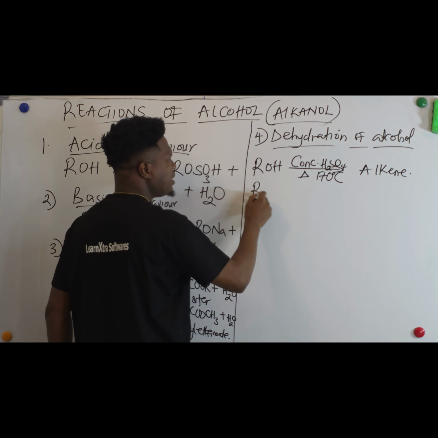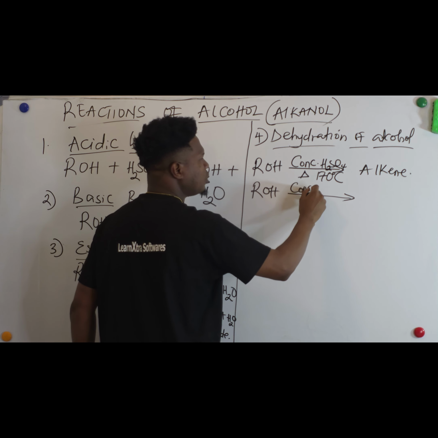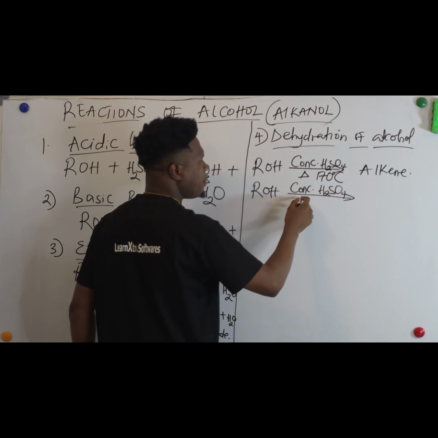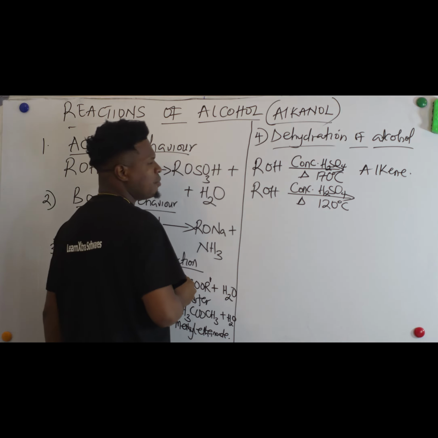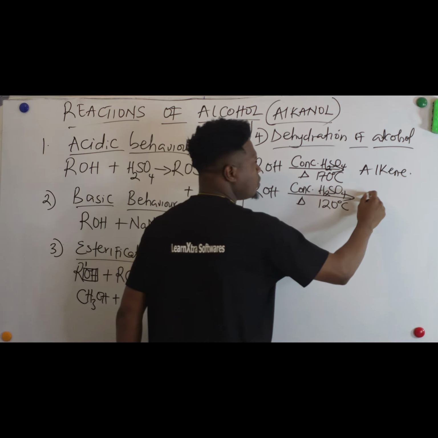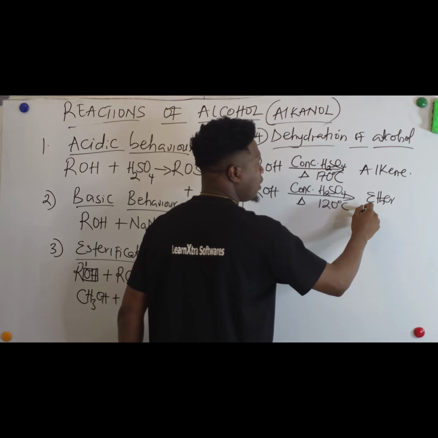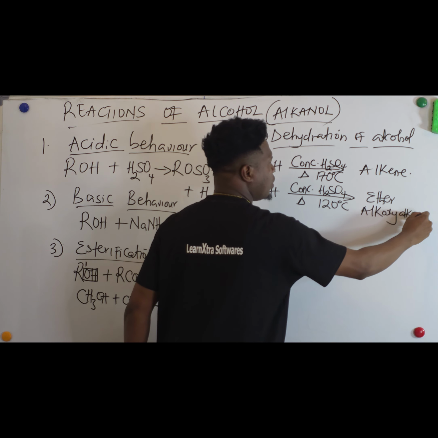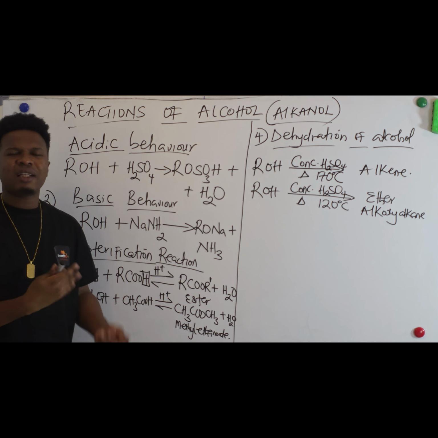But if I have this alcohol undergoing the same dehydration using concentrated sulfuric acid at a low temperature, let's say 120 degrees C, this reaction will lead to the formation of an ether, or what we call an alkoxyalkane.